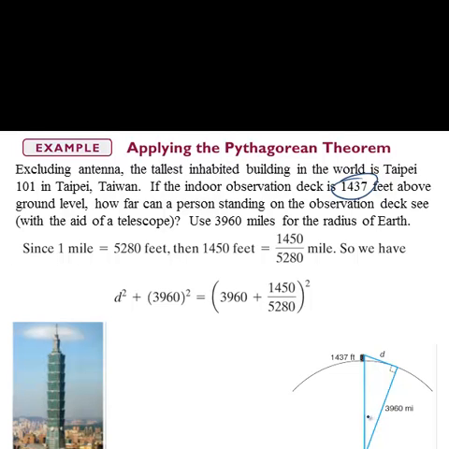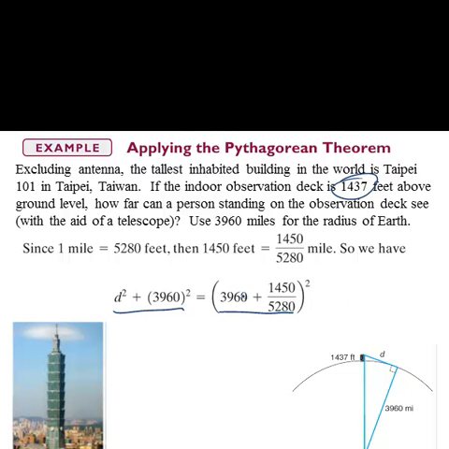Now, because this is a right triangle, the Pythagorean theorem holds. Now, we need to solve for this distance d, which is the distance from the top of the building down to the surface of the Earth, past which you can no longer see. Let's solve for d. The Pythagorean theorem says that d squared plus the radius, which is 3,960 miles, squared, is equal to this hypotenuse squared.